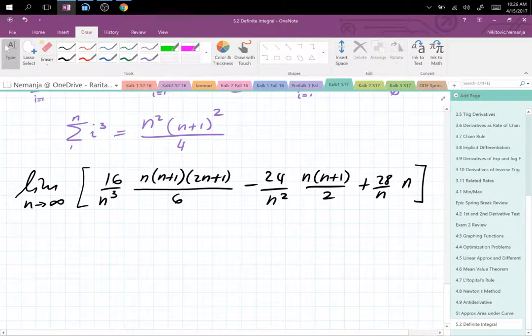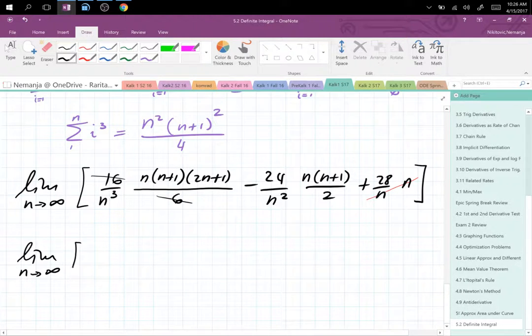If you carefully observe, no more i's in there. Now this is your chapter 2, right? These terms die, and as n goes to infinity, you just look at the front exponents. So 16 and 6 will cancel down to 8/3.